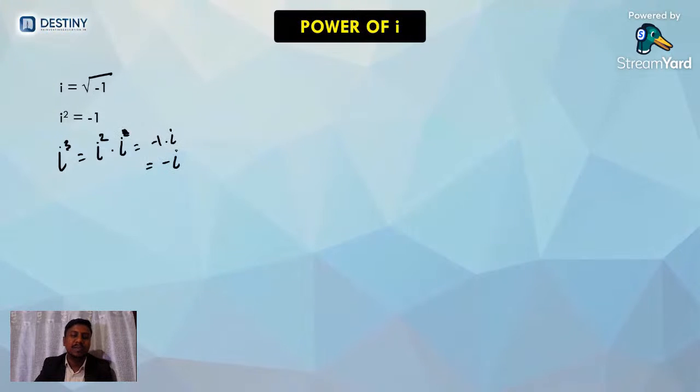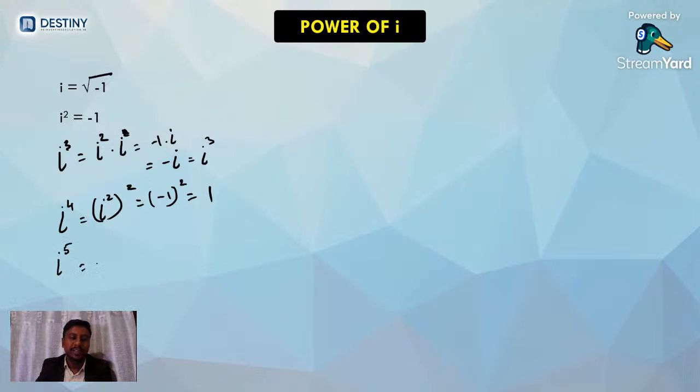So i cube means -i. Let me take i power 4. i power 4 means i square squared, that means (-1) squared equals +1. So i power 5, we can write as i power 4 into i, that means i power 4 is 1, so it is i.